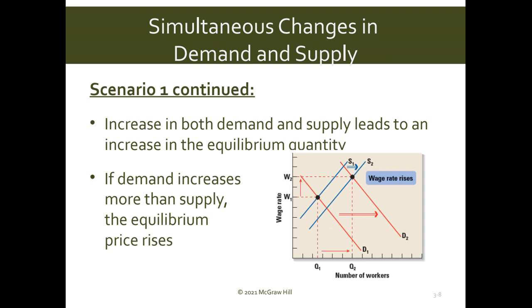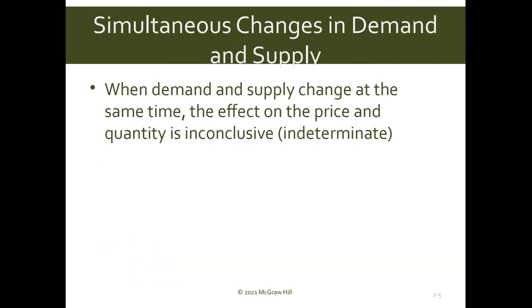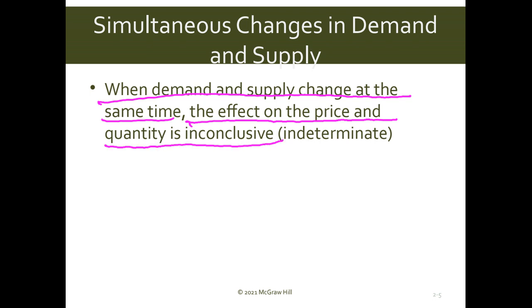So now you understand this. See, when demand and supply change at the same time, that is simultaneously, the effect on the price and quantity is inconclusive. That is, either equilibrium price is indeterminate or equilibrium quantity is indeterminate.